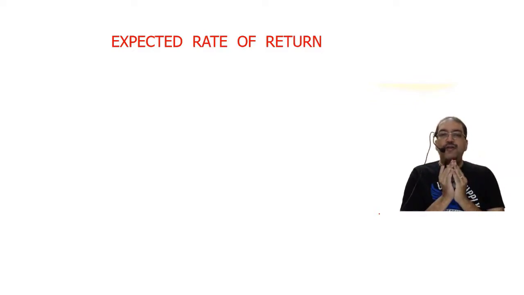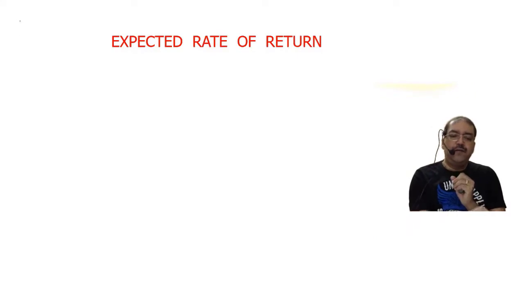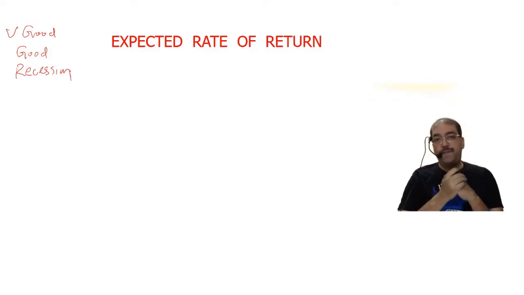And as per the calculation in my mind, I said that there can be three situations that may arise. What are the three situations? That there will be a very good economy, there will be a good economy, and there will be a recession. So three economic scenarios I've decided.